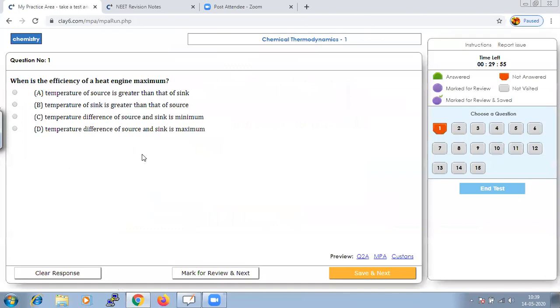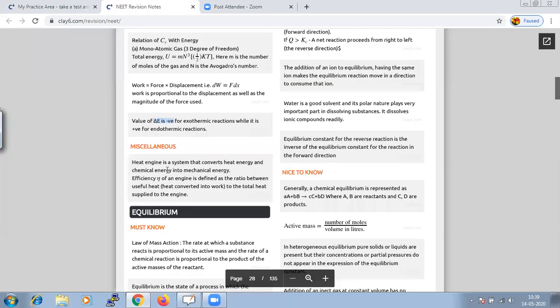So the first question says, when is the efficiency of a heat engine maximum? As I told you, a heat engine is the system that converts heat energy into mechanical energy.